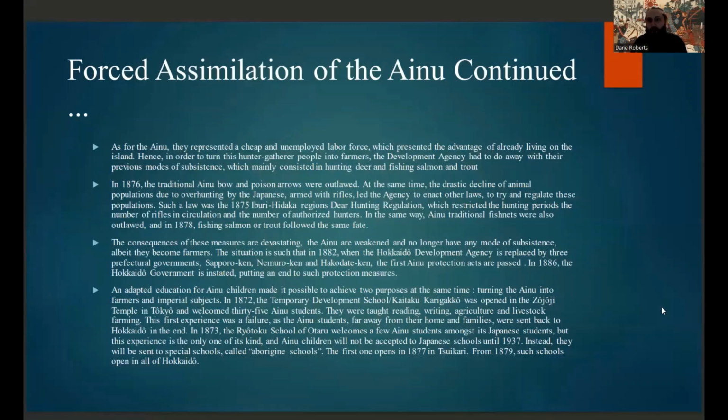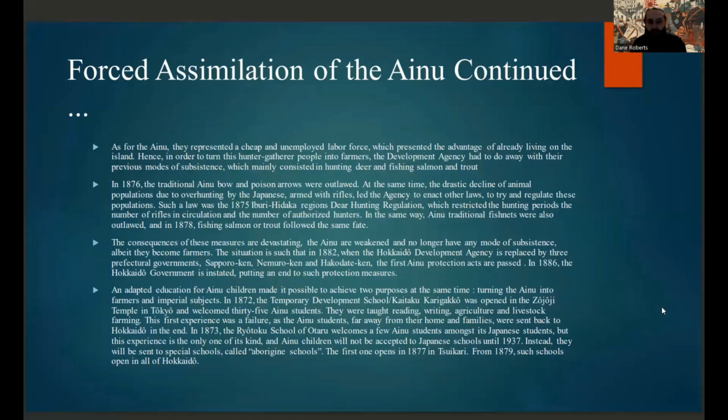In the same way, Ainu traditional fish nets were also outlawed, and fishing of salmon and trout followed the same fate. Obviously these measures were devastating. The Ainu were weakened and no longer had any mode of subsistence, albeit they became farmers.